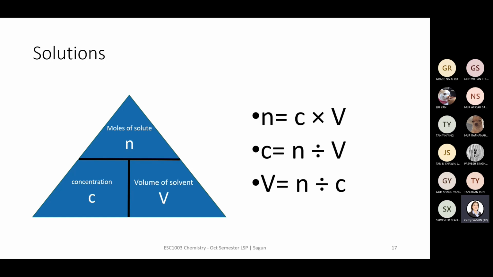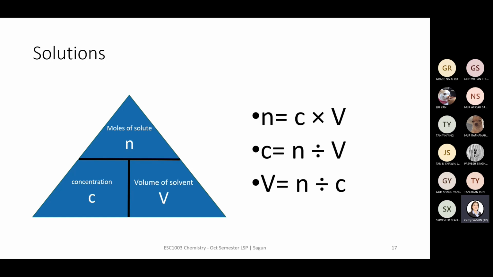Because mole per liter times liter, where mole per liter is for big M, the molarity, and volume is also in liter, if you cancel this one out, what is left is mole. So using this triangle, C is just beside V, so you just multiply.